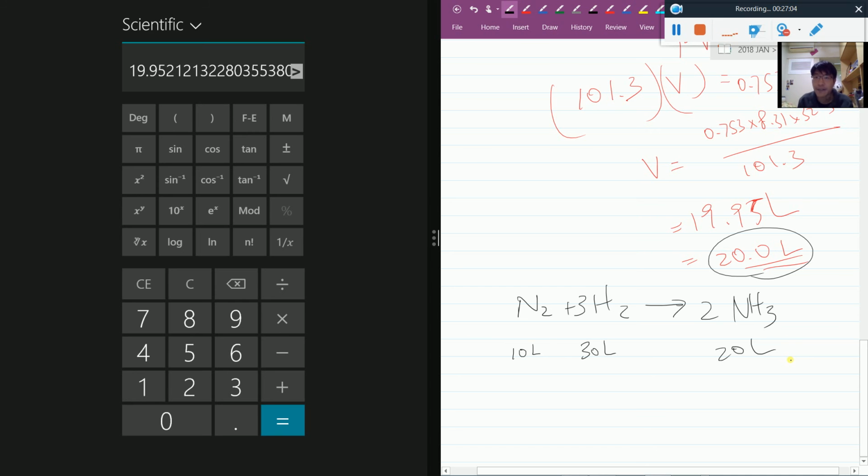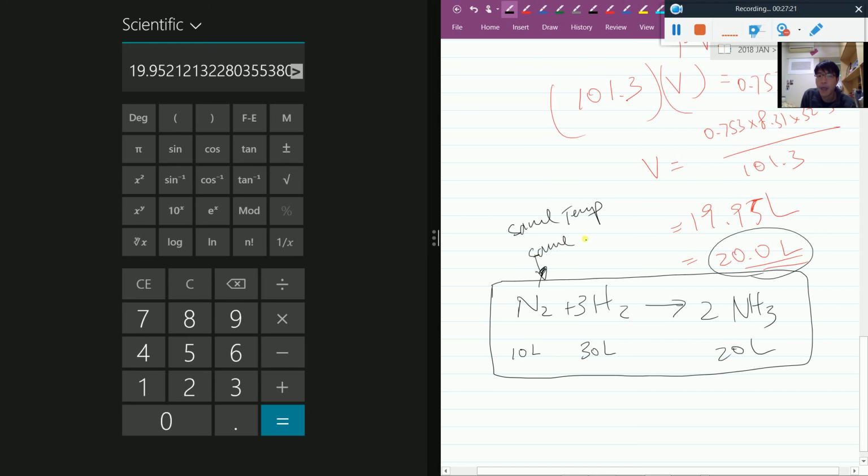In terms of number of mole, it shows that for all gas reactions, if you are able to keep them at the same temperature and the same pressure. What am I doing, sorry, it can't be the same volume, because it's 10 and 30 already.